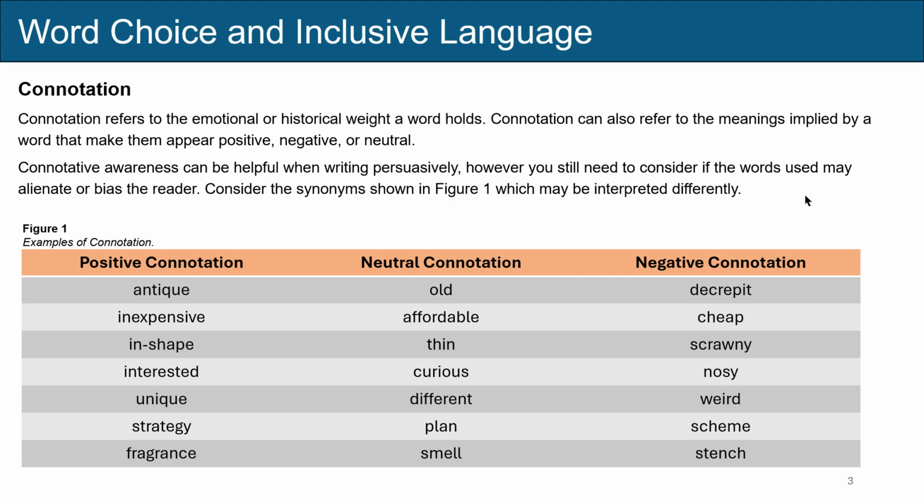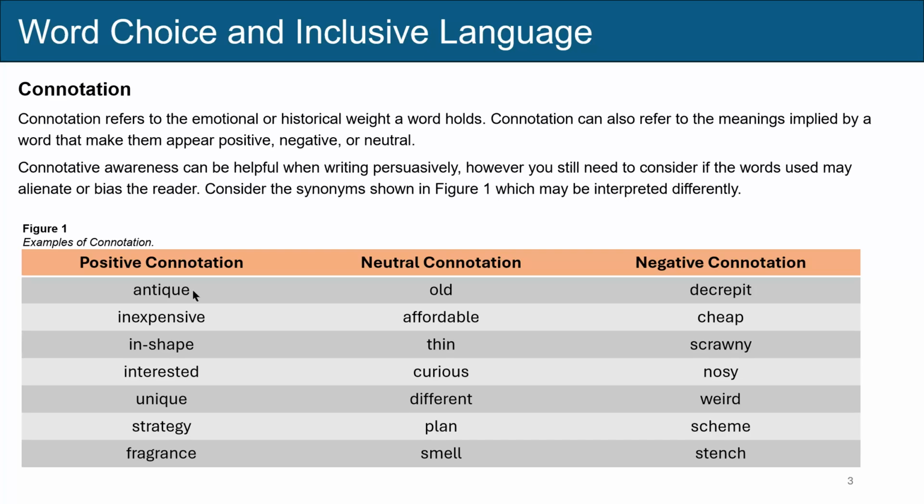So for example here, all these words on the top line are considered synonyms of one another, words that mean similar things. However, if I call somebody old, that's a descriptive piece. It's not always invited, certainly. But if I call somebody decrepit, that has a very negative connotation.